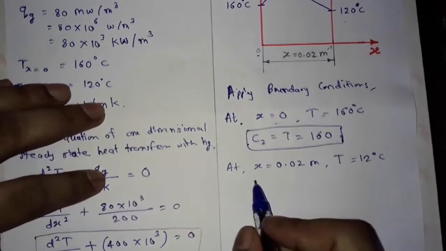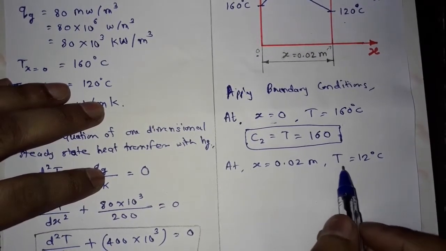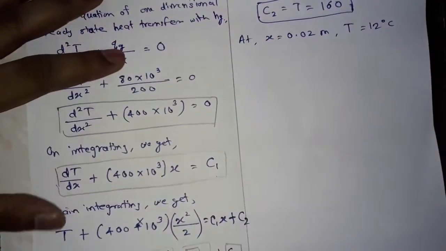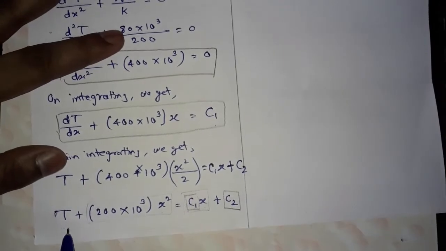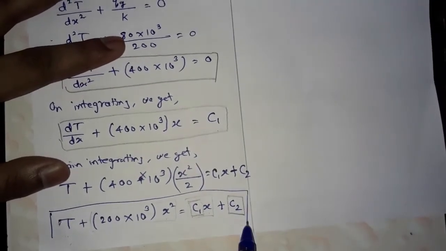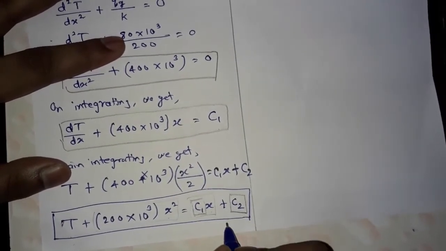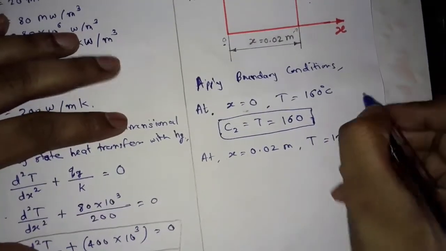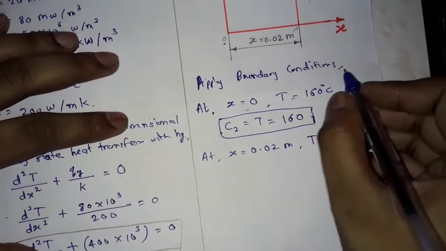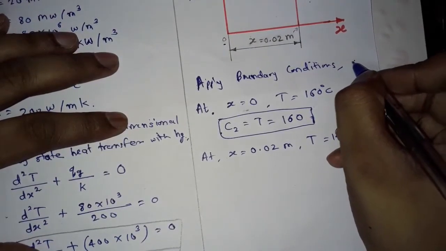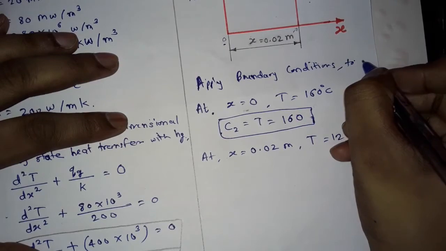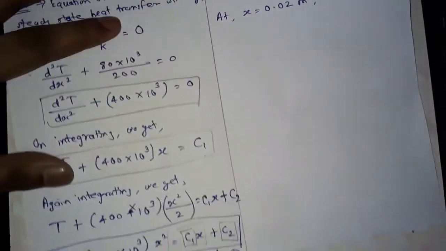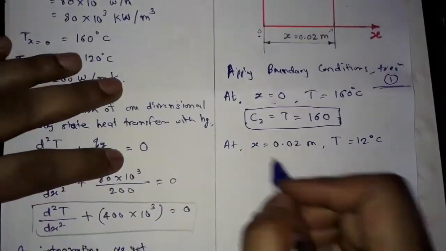Now let's put these values and this C2 in this equation, which is equation number 1, applying boundary conditions to equation number 1, for this condition.